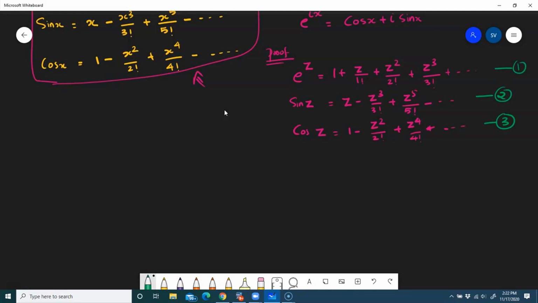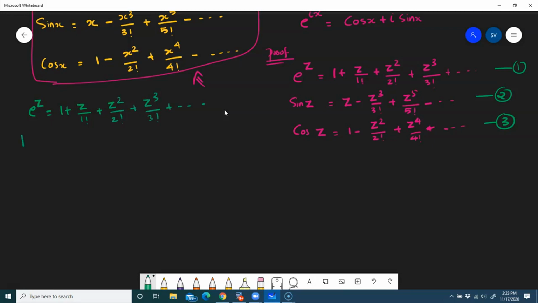Now please try to put a substitution for z in equation 1. We can write the equation here: e raised to z equal to 1 plus z by 1 factorial plus z square by 2 factorial plus z cube by 3 factorial and so on.